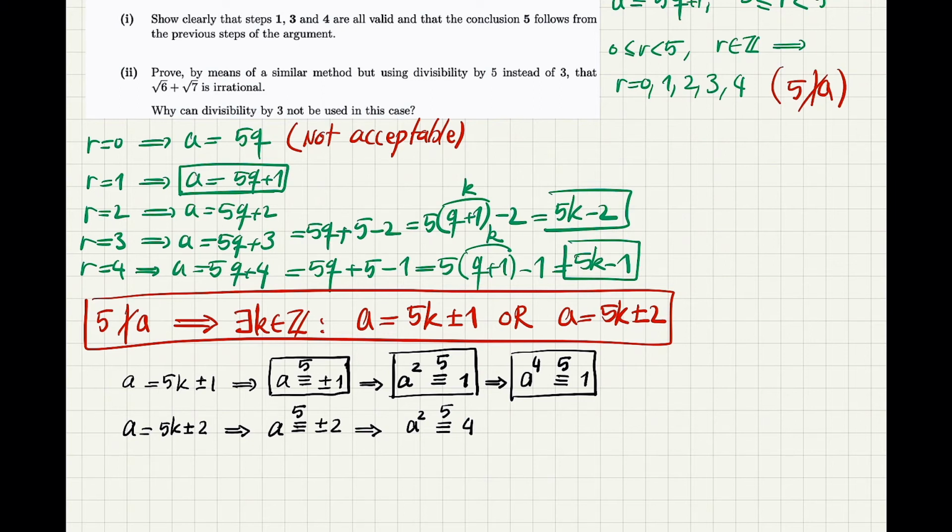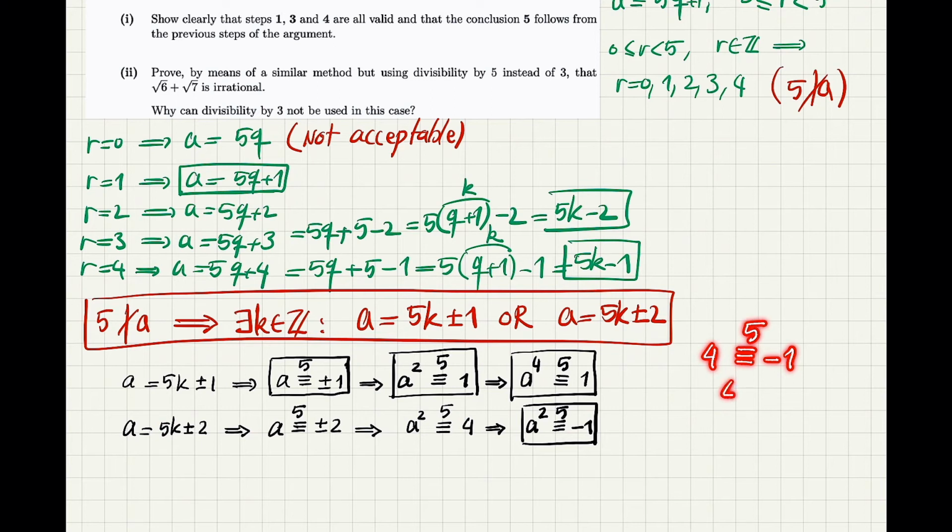But 4 can also be written as minus 1 when I am working modulo 5. So a squared is minus 1. Let me put this in a box. The reason for the last statement is that 4 is congruent to minus 1 modulo 5.